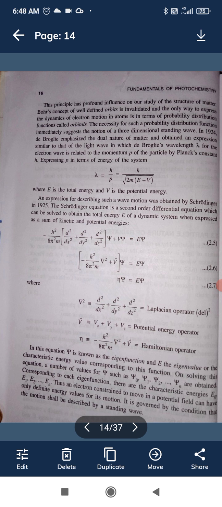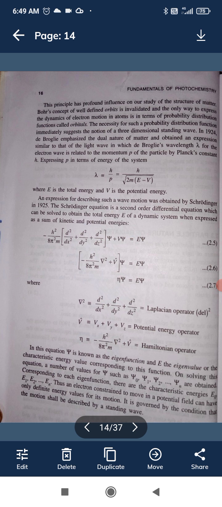This gives Hψ = Eψ, where ∇² = ∂²/∂x² + ∂²/∂y² + ∂²/∂z² is the Laplacian operator. V is equivalent to Vx + Vy + Vz, the potential energy operator.